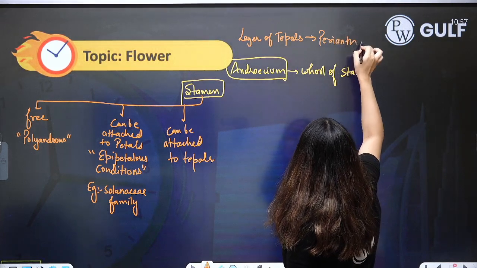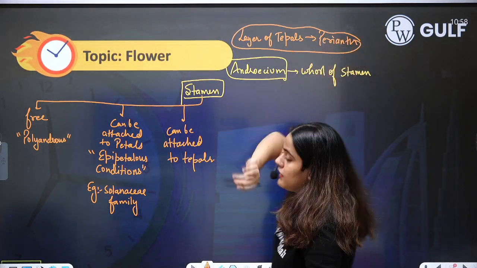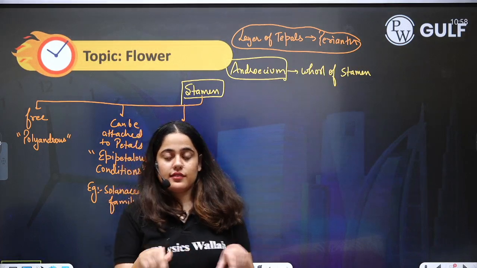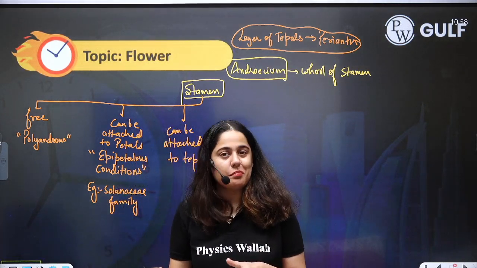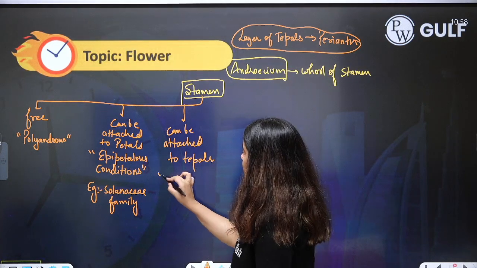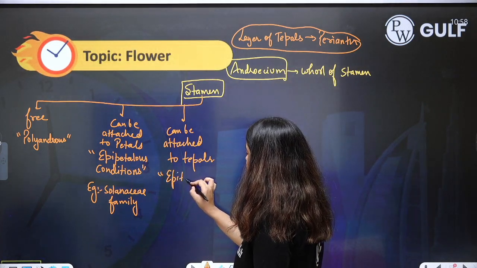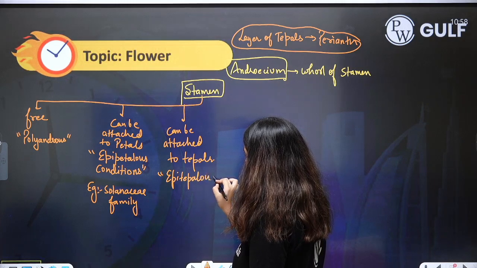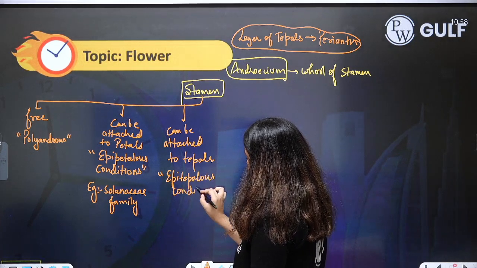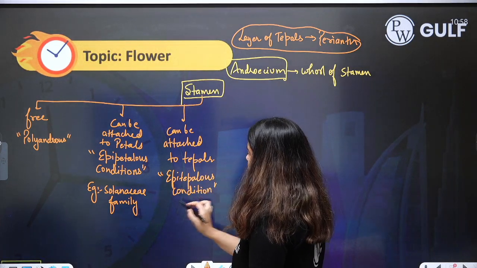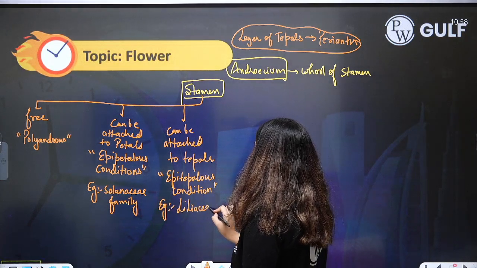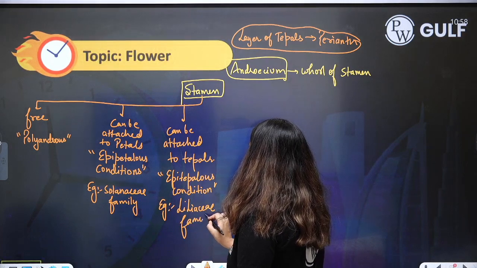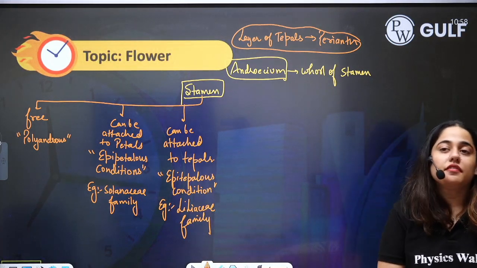So next time you see the flower of lily, please understand those petal-like structures are not petals, they are tepals. This condition is known as epitepalous condition. Example, Liliaceae family.